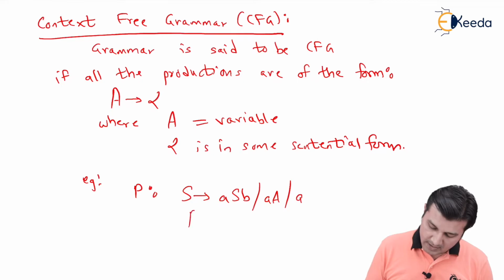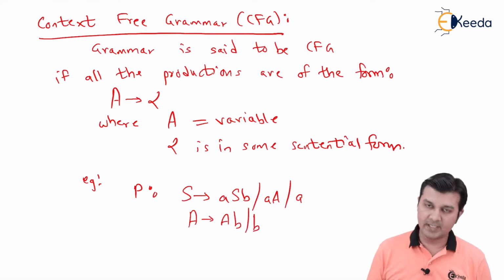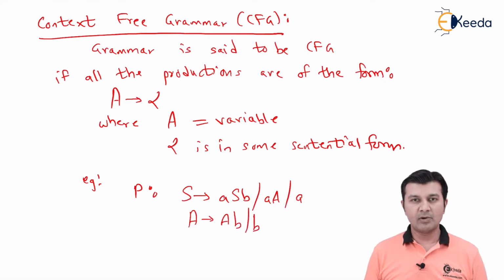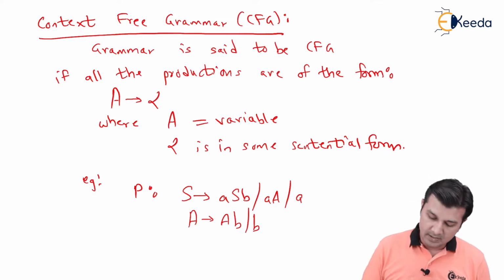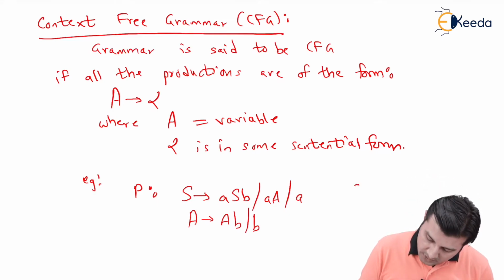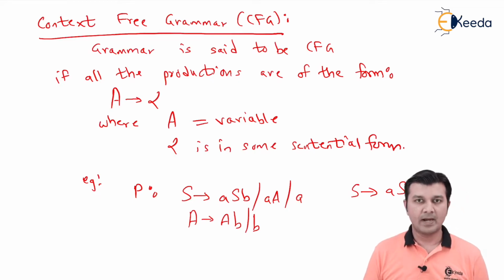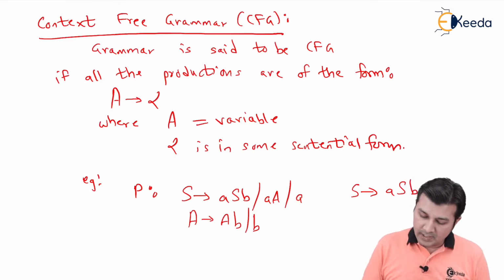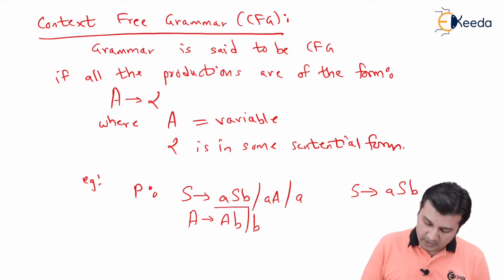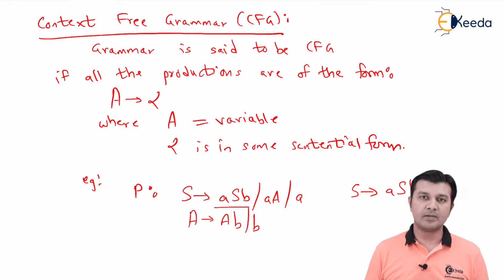Similarly, next I have A gives capital A small b, or A gives B. Now if I look at this problem, let's try to understand what this exactly means. So I say here that my S is capable of deriving ASB, right? Now, how is that possible? Using this production rule, S arrow ASB.